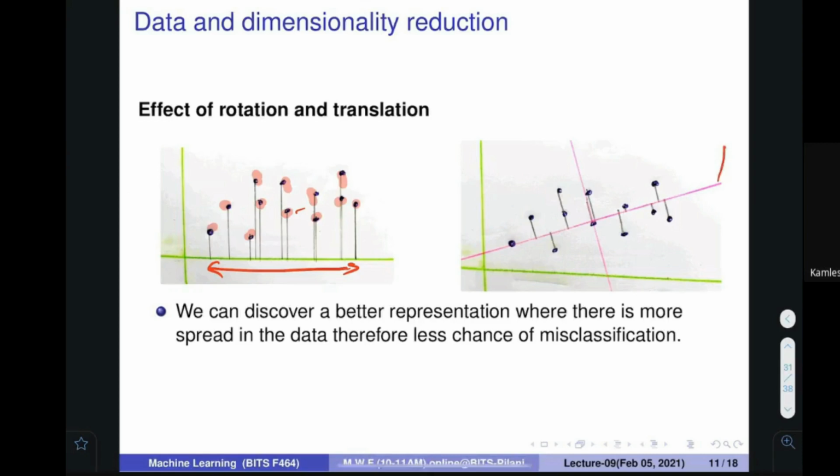If you consider that you have shifted to these axes, instead of the old axes, you can see this is the variance, because the first data item is here and the last data item is here. So the variance in this first vector direction is larger as compared to the previous one. Your data is better represented when you apply PCA, so there are fewer chances of misclassification.